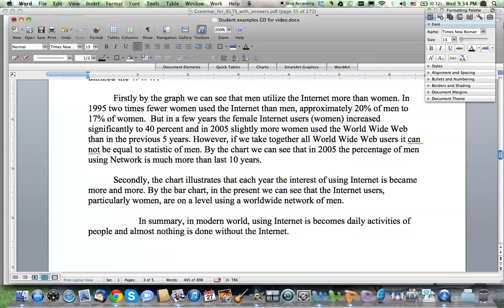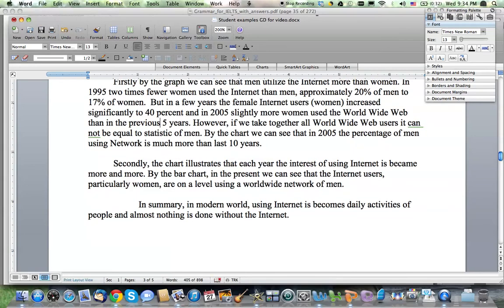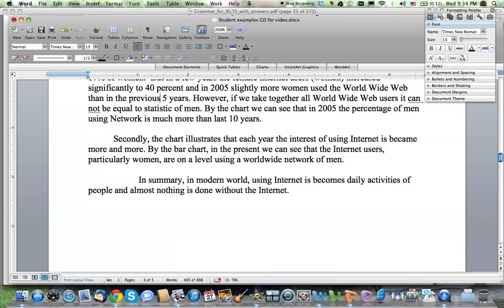However, if we take together all World Wide Web users, it cannot be equal to the statistic of men. Now, this is where our graph is just wrong, because how on earth can there be more male users than users altogether? That makes no sense, because men plus women should be more than just men. So I'll forgive that sentence because the graph is incorrect as far as I can tell.